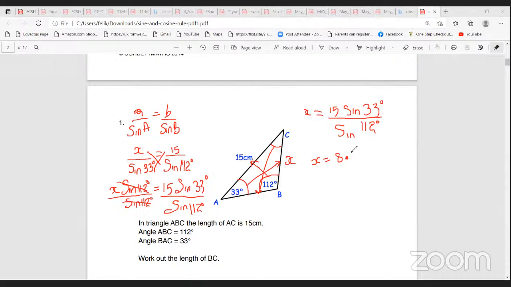Yes, I got 8.730. 8.73, we can round it to 1 decimal place. Anybody else got 8.73?